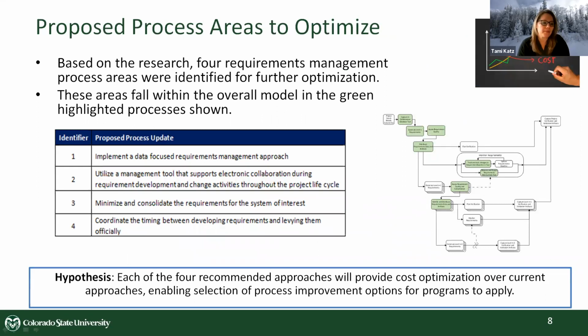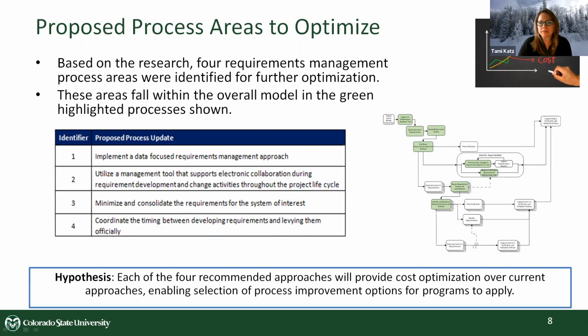I came up with a hypothesis that these 4 individual processes would all find benefit if enacted, but each one on their own would provide some benefit. So if somebody wanted to investigate using a new tool or using a new approach, maybe they could start with one of these processes, but ultimately the goal is all 4 of these show some merit.